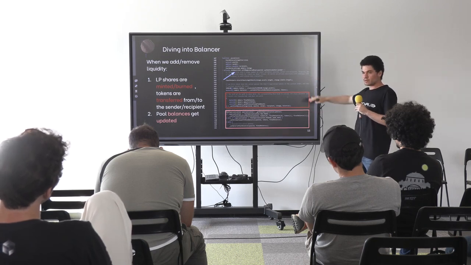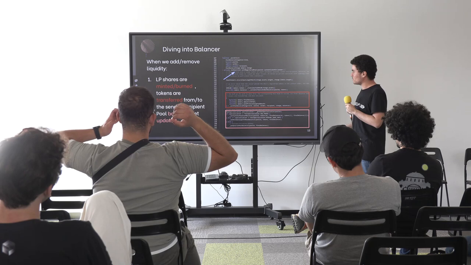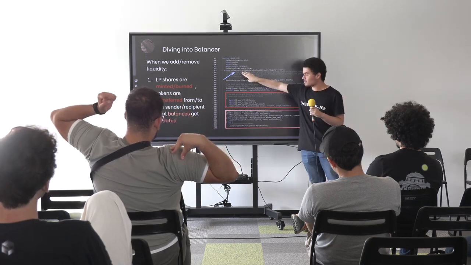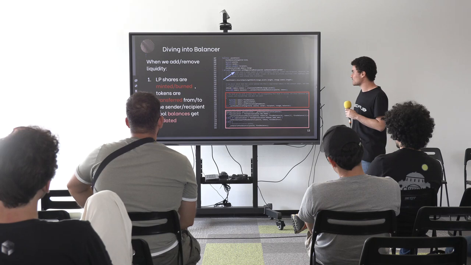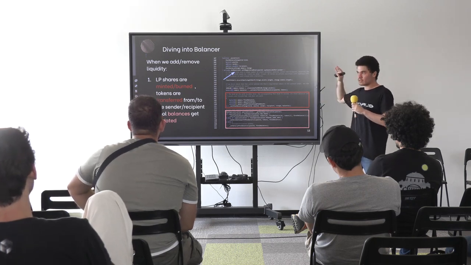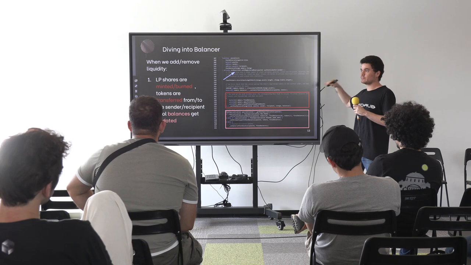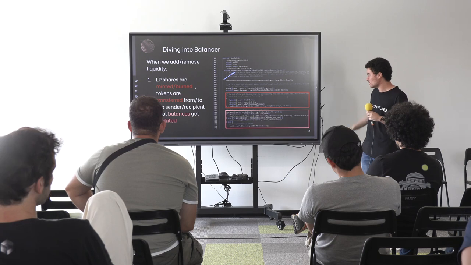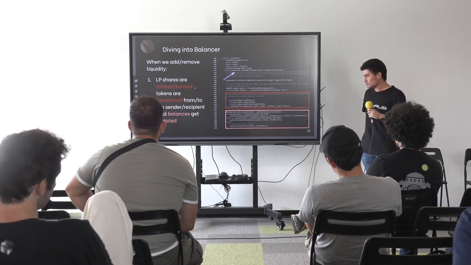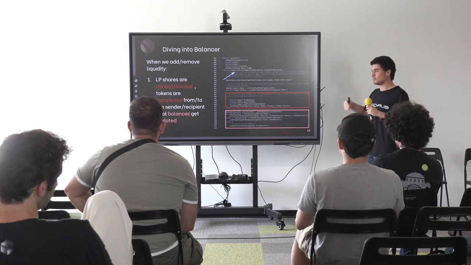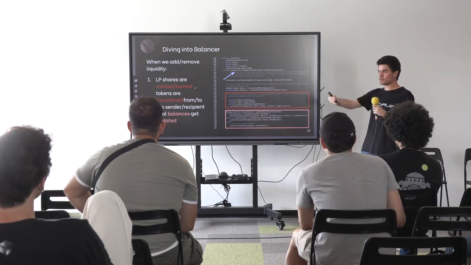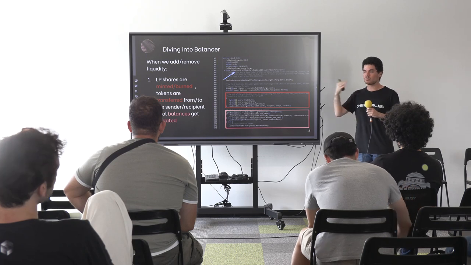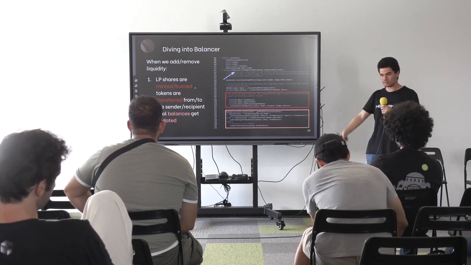This snippet of code right here, you don't have to dive into it very much. You have to take notice that it's guarded by a reentrancy guard, and you have to know that it's called upon every deposit or withdrawal in a Balancer pool. What the marked areas do: the red one will call into the pool, and your LP tokens will be burned or minted to you.